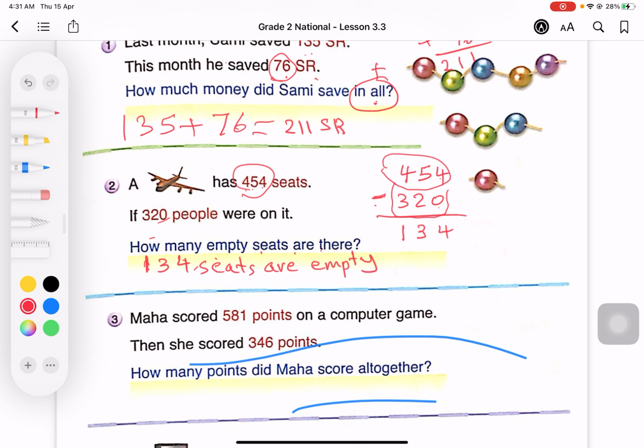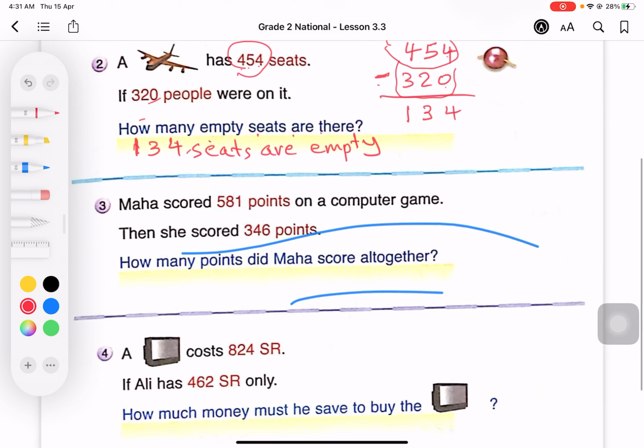So in all, the plane has 454 seats. 320 is on the plane, and the people are using these chairs. How many seats are empty? You need to do what? You need to subtract. Okay.